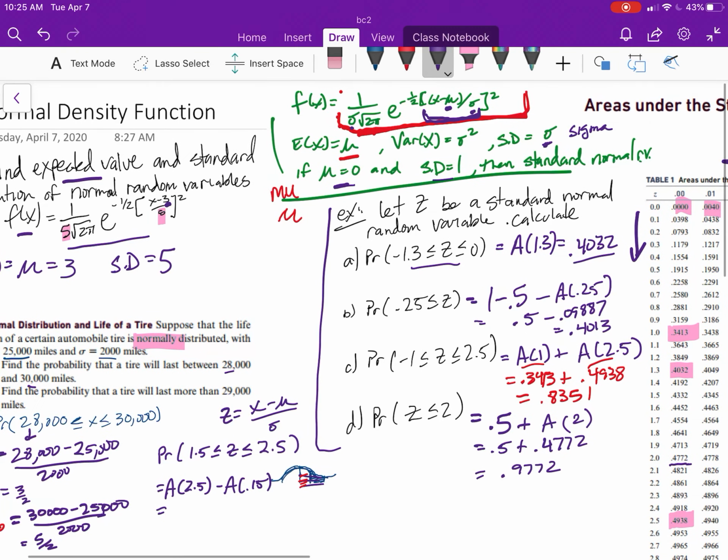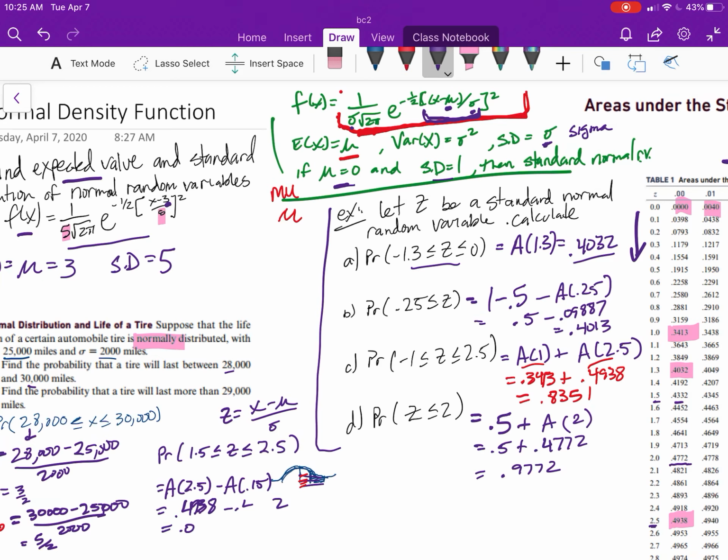So looking at that table right here and here, we have 0.4938, subtract 0.4332.